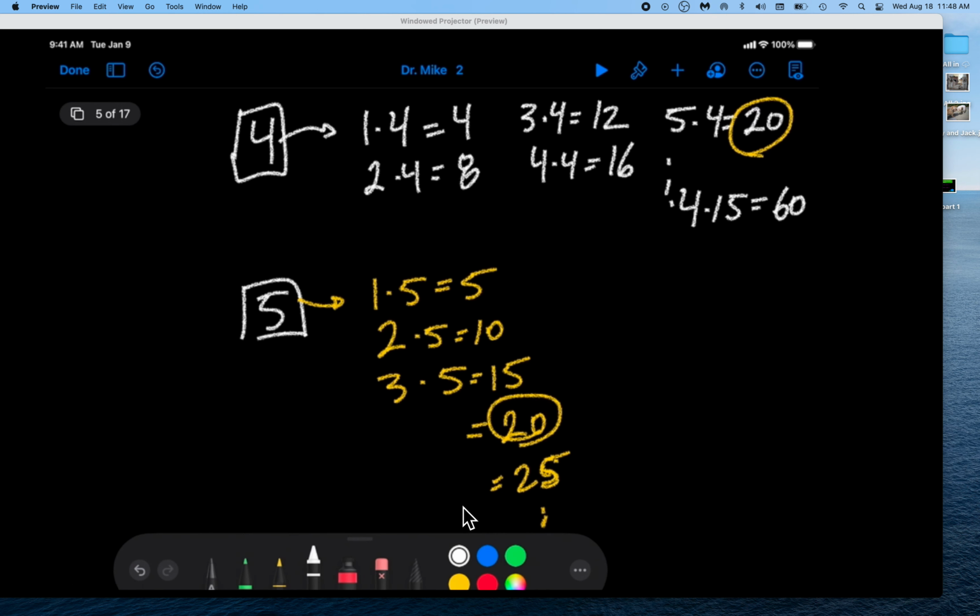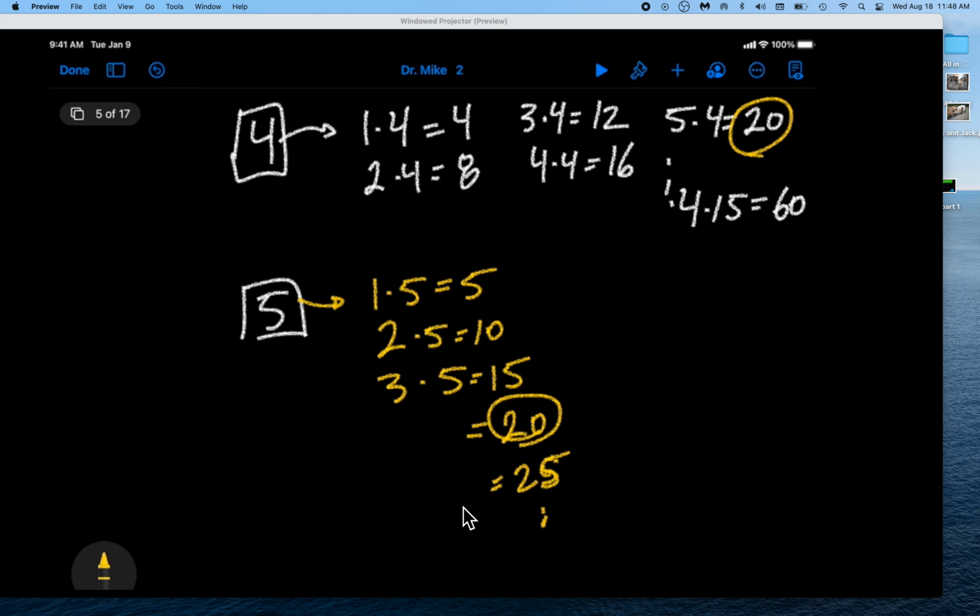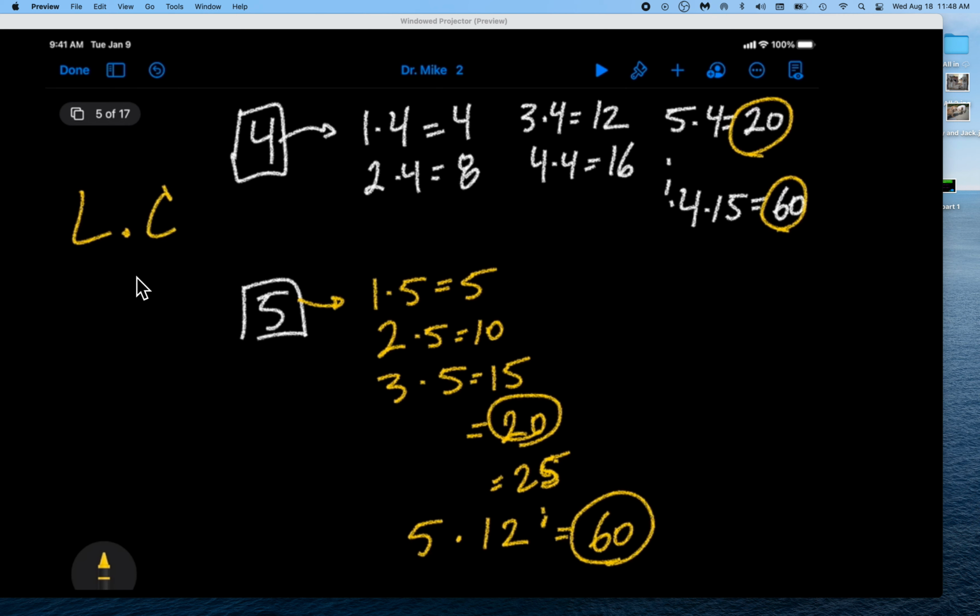And with the number 5, we could have kept going, and we eventually would have gotten to 5 times 12 equals 60. So 60 and 60 are common multiples between these two numbers. But when we do these problems, your teacher is going to want the least common multiple. So once we get a common multiple, these problems are over.